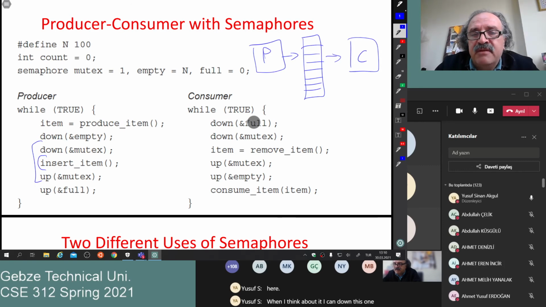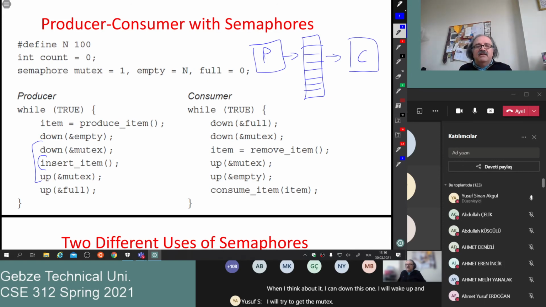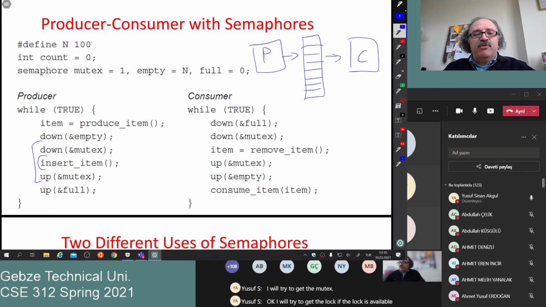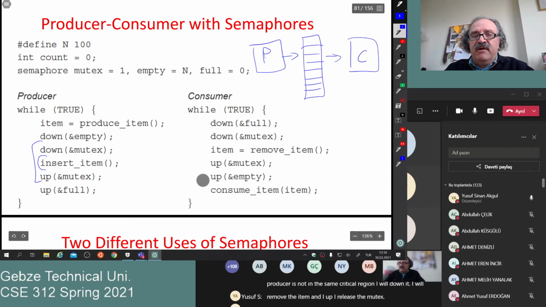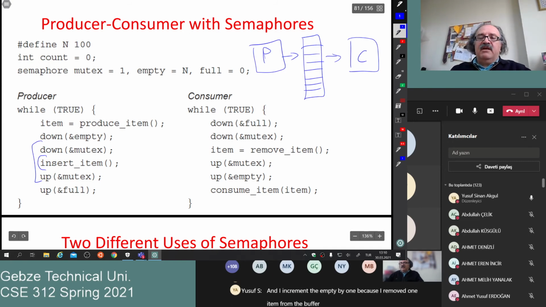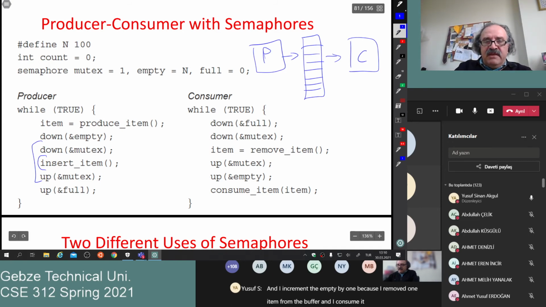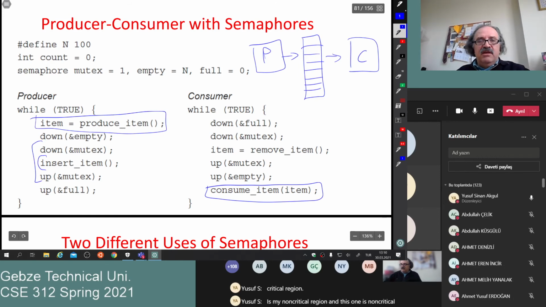I will wake up and I will try to get the mutex. I will try to get the lock. If the lock is available, if the producer is not in the same critical region, I will down it, I will remove the item, and I release the mutex, and I increment the empty by 1 because I removed one item from the buffer, and I consume it. So this is my non-critical region, and this one is non-critical region in both of the loops.